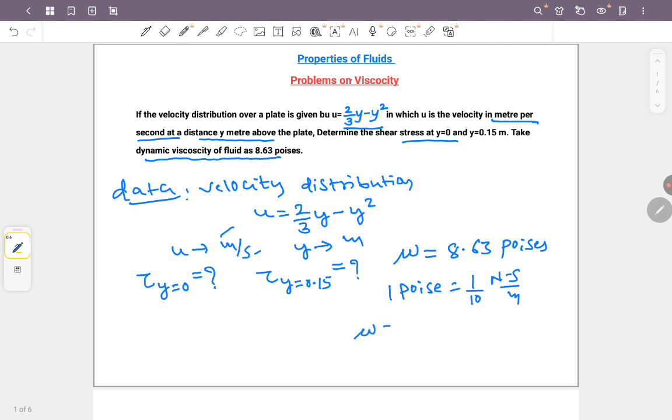Therefore, mu equal to 8.63 divided by 10 Newton second per meter squared. If you simplify, 0.863 Newton second per meter squared. This is the unit of the viscosity.